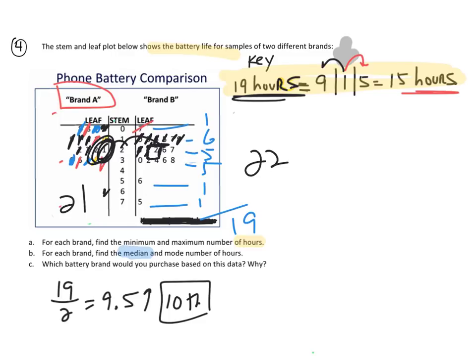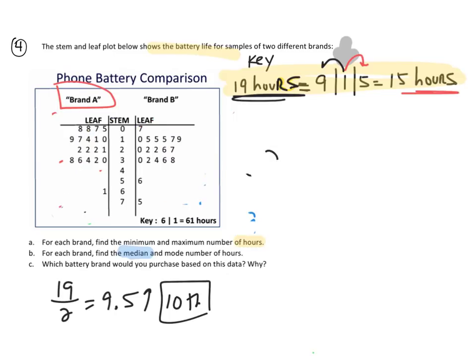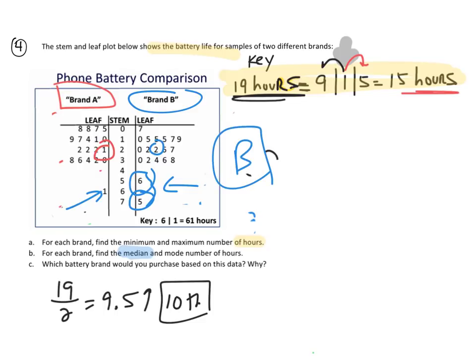Now, for letter C, which battery brand would you purchase and why? The medians are very close, 21 for brand A, 22 for brand B. But it looks like, for me, this 75 hour, this 56 hour, these two numbers seem to be much, much higher than the highest battery life in hours for brand A. So if it were me, I would go with brand B because there's 2 very high values compared to the 1.